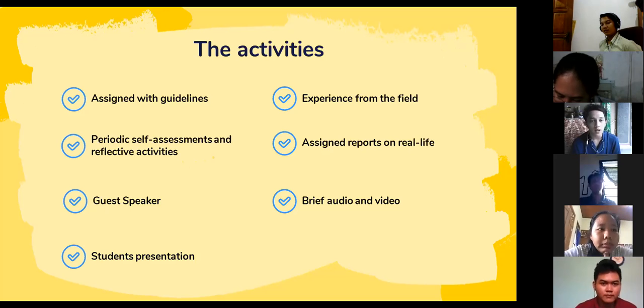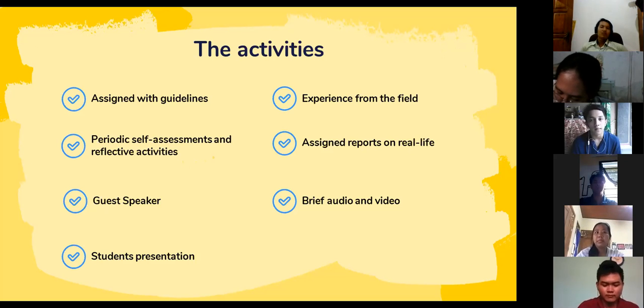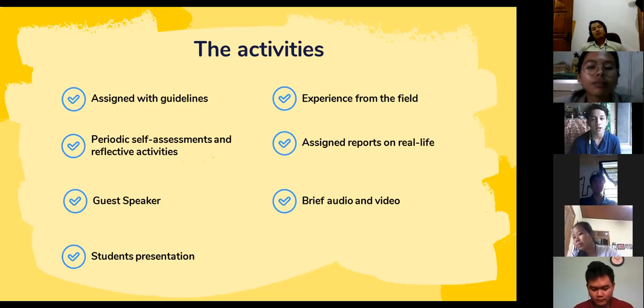And then the second is the assessment. When you have designed the course lesson, you have to decide how often you will do assessment for your students, and the assessment can be self-assessment and reflective activities.